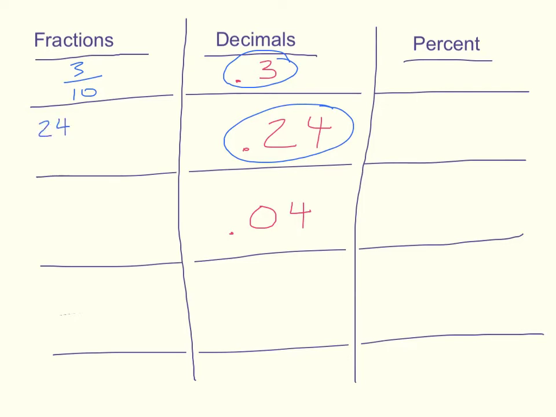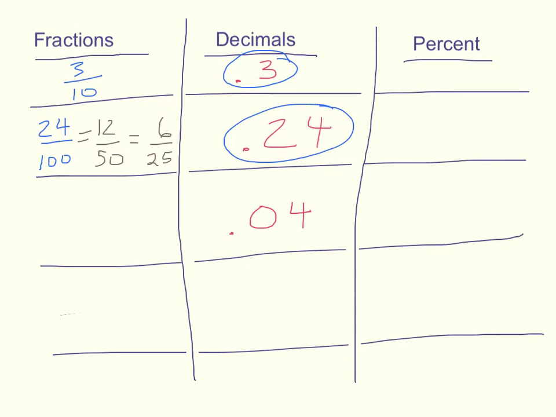So this is the start of it, 24 hundredths, but then I have to ask myself, can I simplify this fraction? So in this case here, I could divide them both by 2, the numerator and denominator. So I get 12/50. They're still even, both of them, so I can divide by 2 again. So I get 6/25.